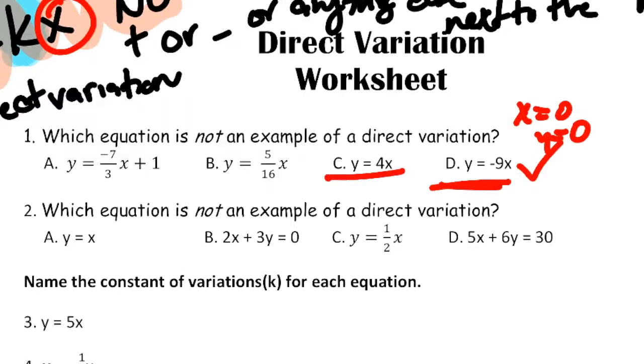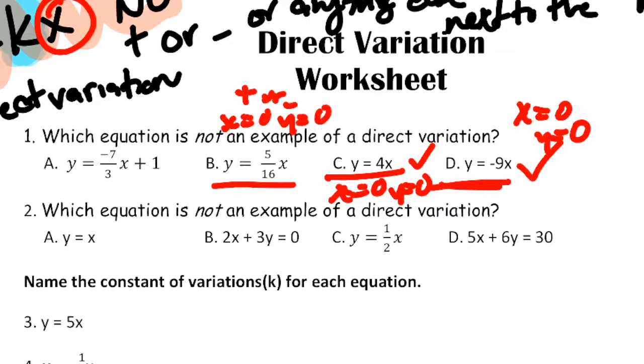C does not have a plus or minus or anything else with the number x, and when x is 0, y is 0. So it's good to go. Same thing for this one. There's no plus or minus anything out next to the number x, and when x is 0, y is 0. Uh-oh. Plus 1.